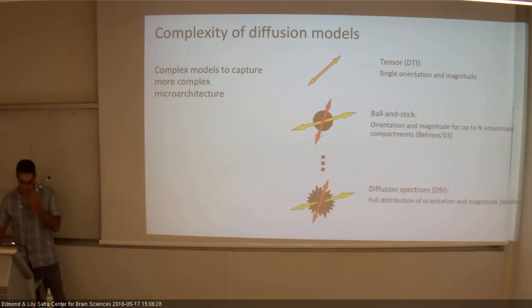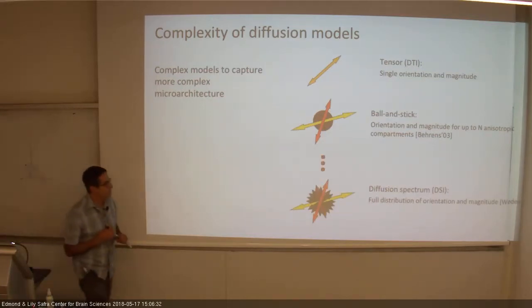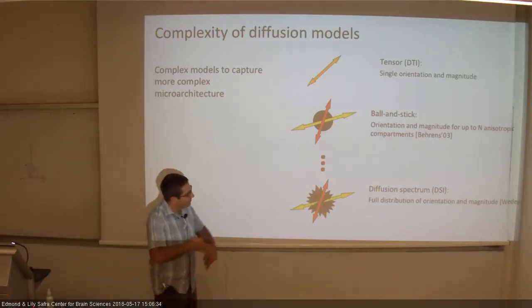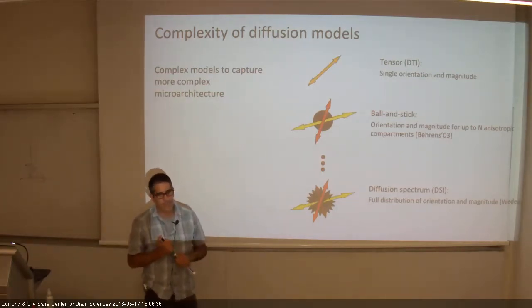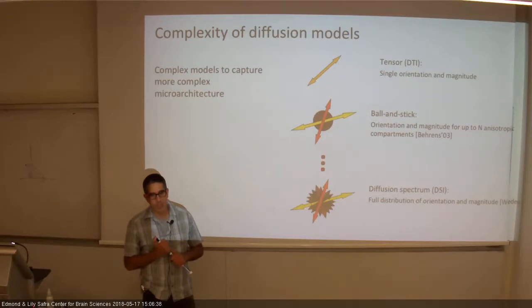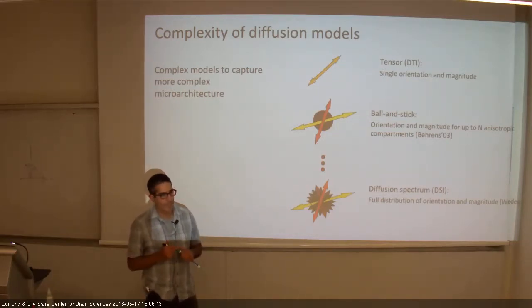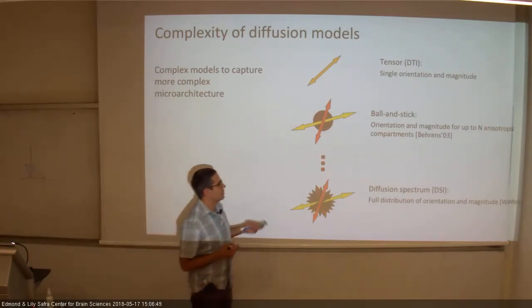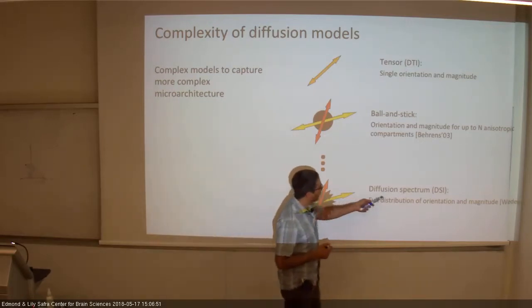So there are many flavors of these complex models. Really, there is an ocean of approaches to fit the complex diffusivity in each voxel. Just for a flavor, one of them is called DSI, which is diffusion spectrum imaging.